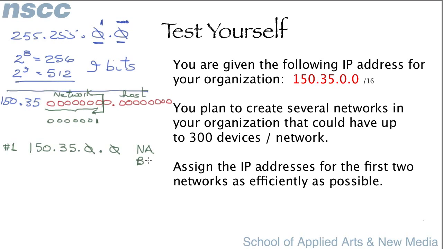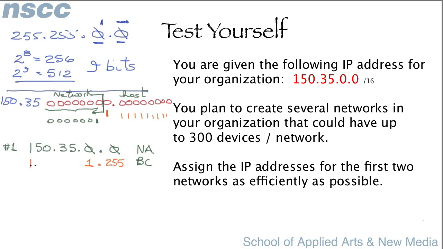What's the broadcast? The broadcast has all the host bits, and remember this is a host bit here, has all these host bits a 1. Well, my network bits are all 0. My host bit here is a 1, so this octet here becomes a 1. And this is all 1, so this becomes 255.